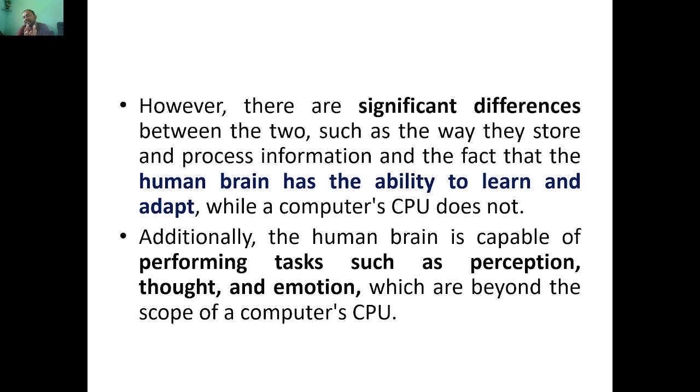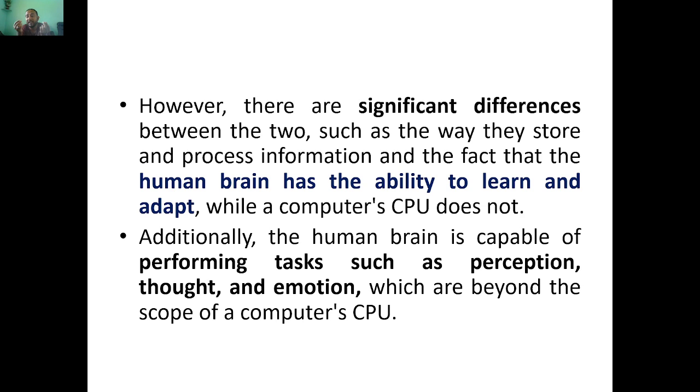However, there are significant differences between the two, such as the way they store and process the information. How they store the information and how they process the information is totally different. And the human brain has the ability to learn and adapt, while the computer CPU does not.